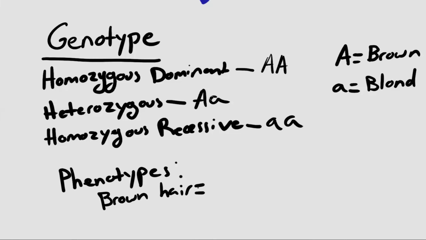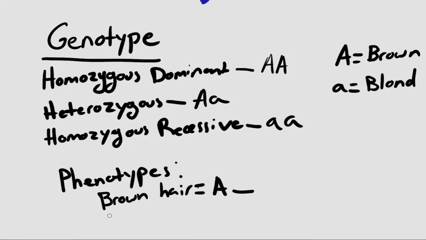Well, you need at least one dominant, right? Because that's going to display brown. And what about the second one? Does it matter? No, it doesn't matter. Because whether you have a big A or whether you have a little a, if you have at least one big A, you're going to have brown hair. So this individual will show brown hair, this individual will show brown hair. So I'm just going to leave that blank because it doesn't matter.